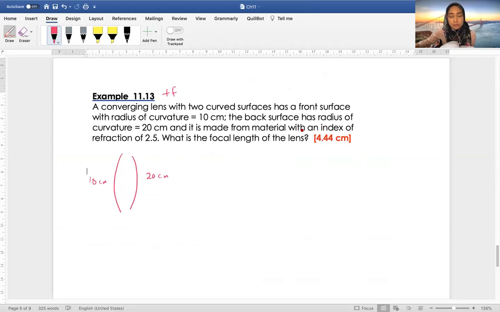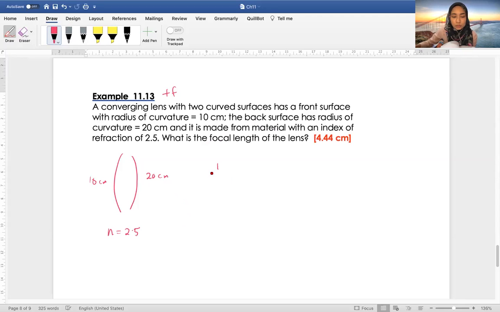And it is made from a material of index of refraction of 2.5. So n is 2.5. And it is made, okay, what is the focal length of the lens?